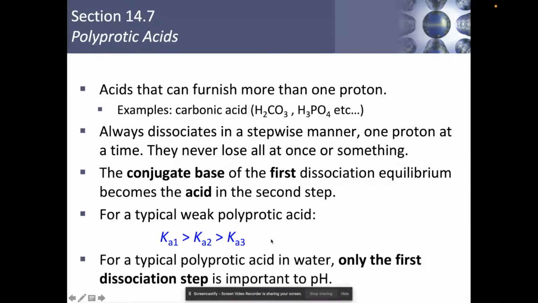Typically speaking, only the very first dissociation step is important to pH, because if you have a very large drop off in the second or third Ka value, then only the first one is really going to be giving us the hydrogen or hydronium ion concentration for that particular reaction.